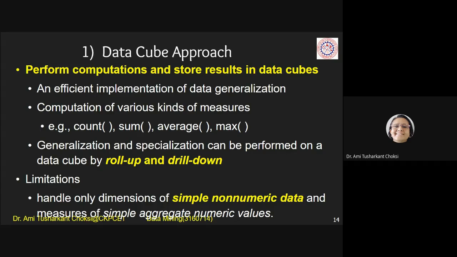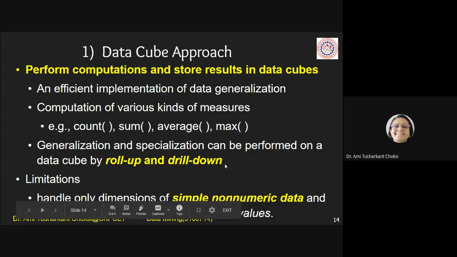They are the reverse processes of each other. When we are going from low level concept to high level concept, that is the roll up. And when we are going from high level concept to low level concept, that is called the drill down.